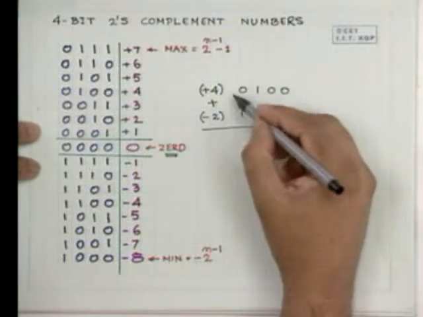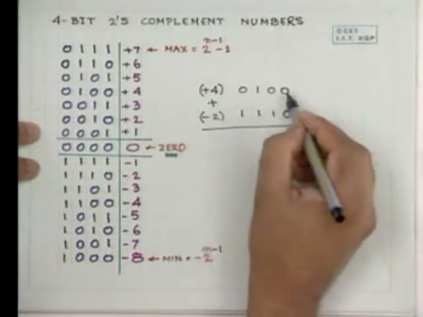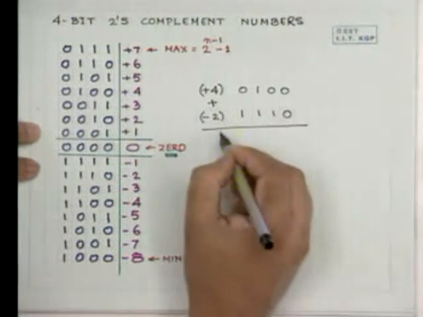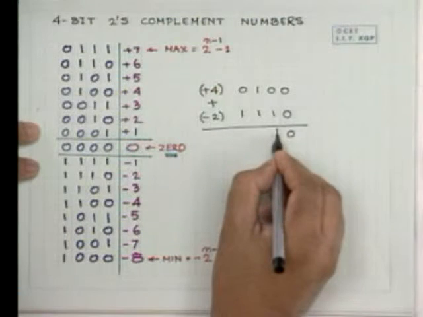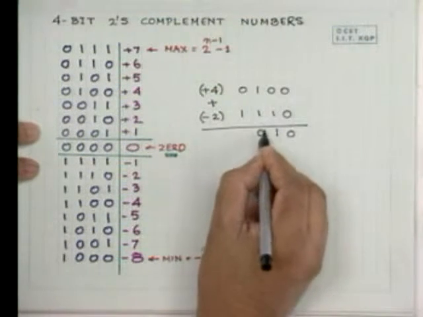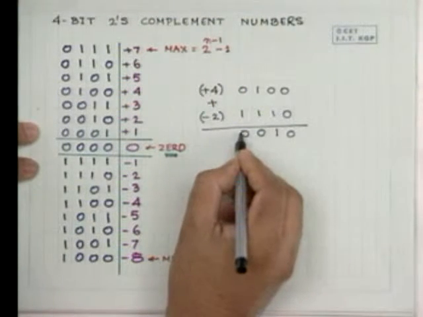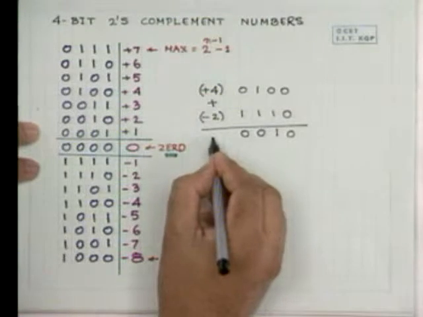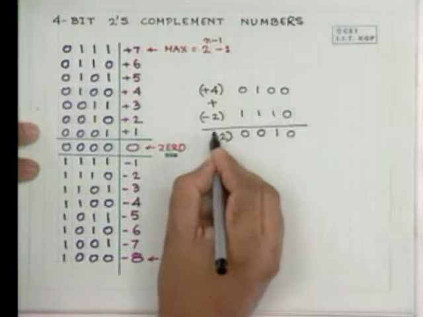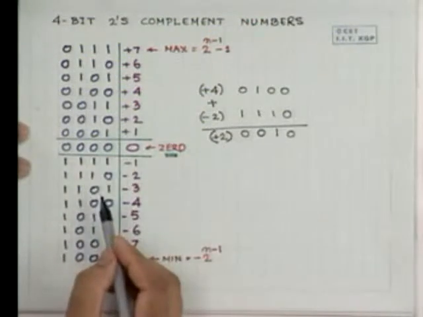Now, you see, instead of looking at anything, you simply can add these two representations to get the result. For example, you simply add, and there will be a carry out of this bit, which we ignore, and this you can see is a representation of plus 2 in our 2's complement representation.